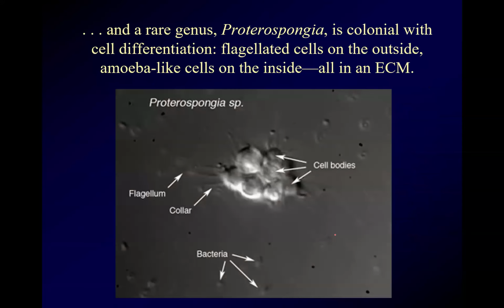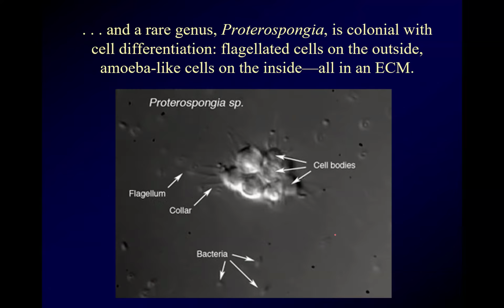And a very rare one called Proterospungia, which hasn't been seen terribly often, is not just colonial and doesn't just have an extracellular matrix, but it's got cell differentiation. The flagellated cells are on the outside and enable the thing to swim. On the inside, you have amoeba-like cells, which apparently can transform into other types of cell if the colony needs to regenerate part of itself.